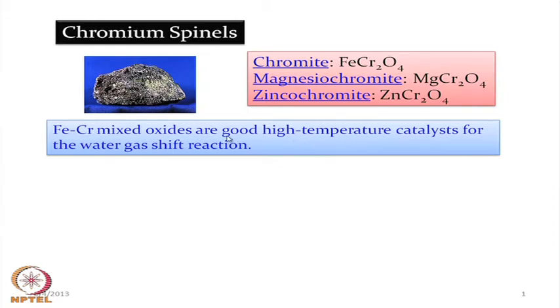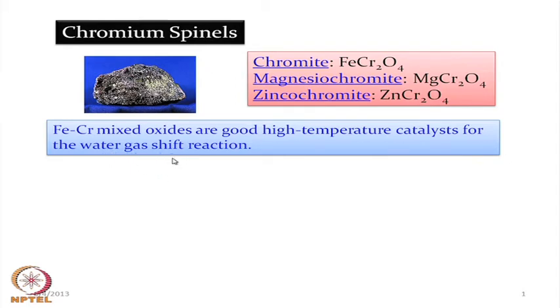One such important example is the use of chromite for the water gas shift reaction, where carbon monoxide reacts with water vapor. So, how carbon monoxide can be utilized to react with water vapor to give us carbon dioxide and hydrogen, a mixture which is basically known as water gas.